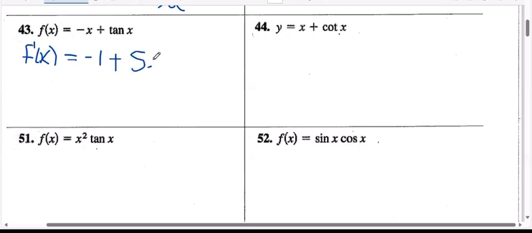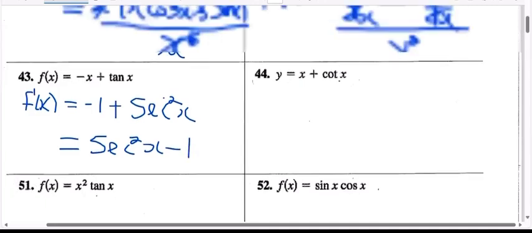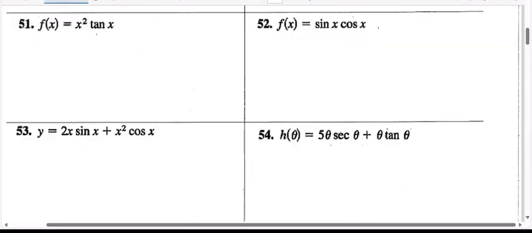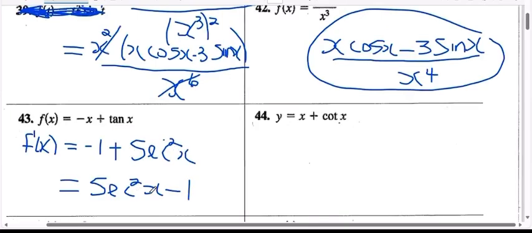That's going to be sec squared x, so I can write this as sec squared x minus 1. Like I said, you use a general rule. If you come back to the general rule, tan u is sec squared u, and that's why you see sec squared here.